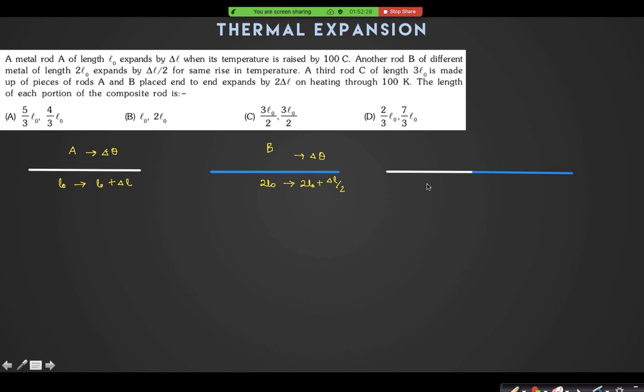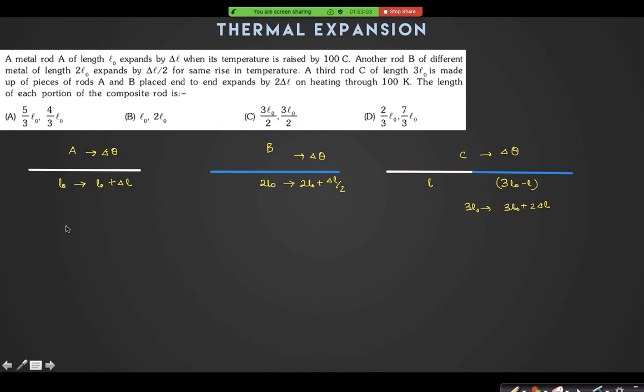So if I say here the length of A is L and B will be 3L naught minus L. So if I increase the temperature by delta theta, the net increment is 2 delta L. Right? 3L naught plus 2 delta L. This figure is given. Informations are given.